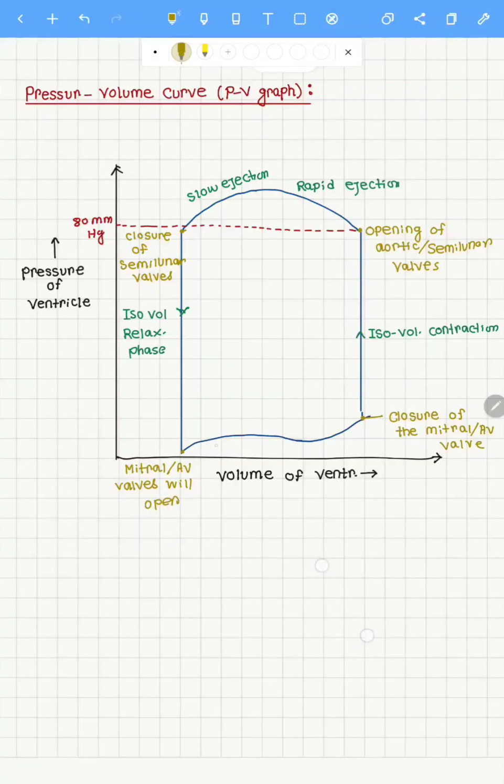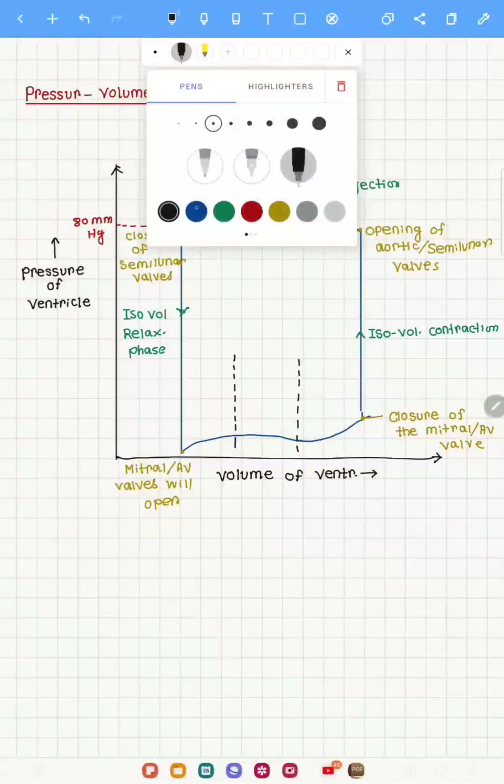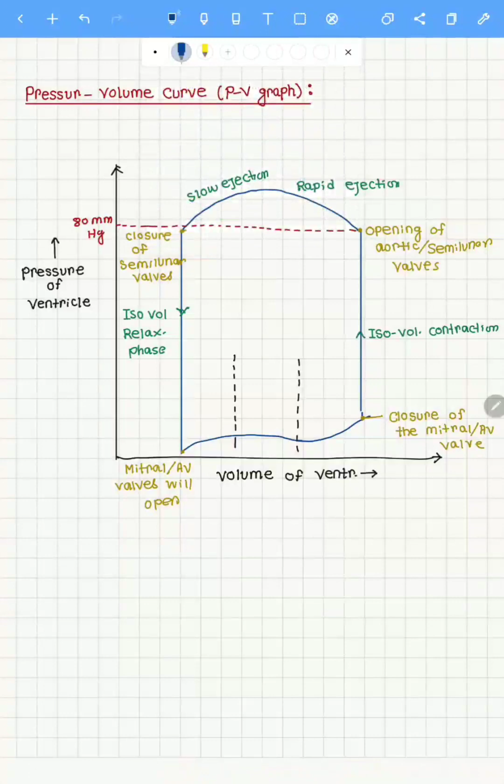Now the curved line below, as you can see, can be divided into 3 phases. Let me divide these into 3 phases, then I will explain them. The first phase will be rapid passive filling, the second phase will be slow passive filling or diastasis, and the third phase will be atrial contraction. First phase is rapid passive filling. Rapid filling is enough.